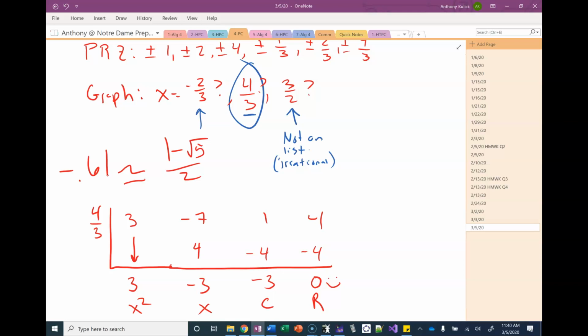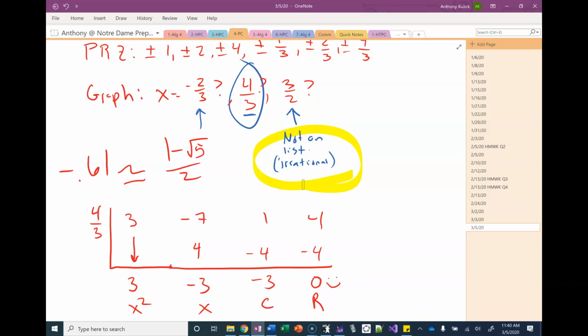When I looked at the picture, it looked closer to 4/3 than that other one did to negative 2/3. Part of it was that I knew that this guy was irrational because it wasn't close to any of the things on my possible rational zeros list. So I knew one of the other two was also irrational.